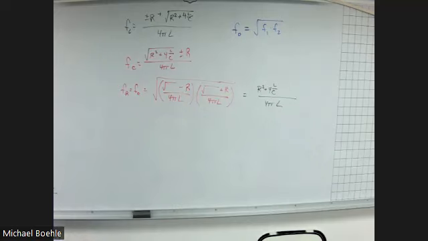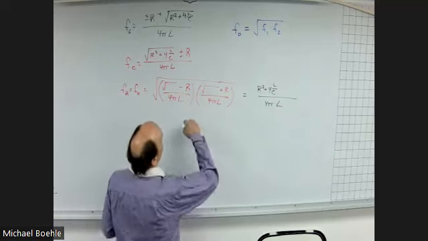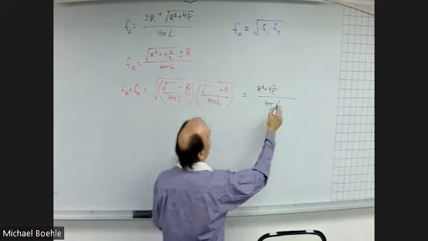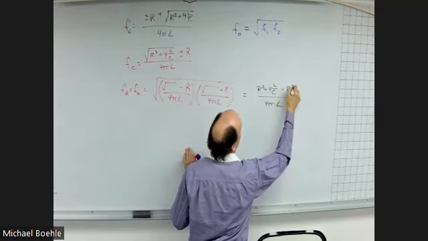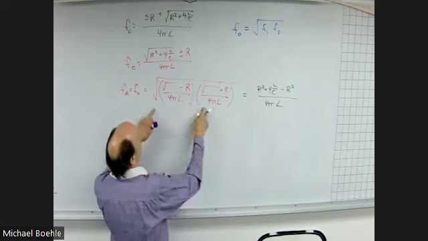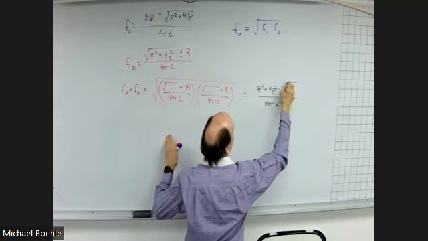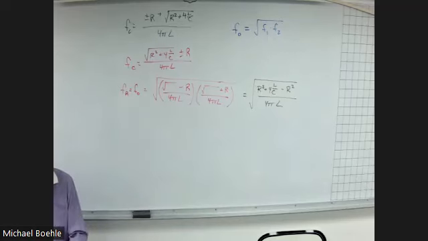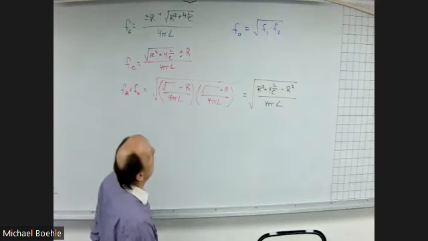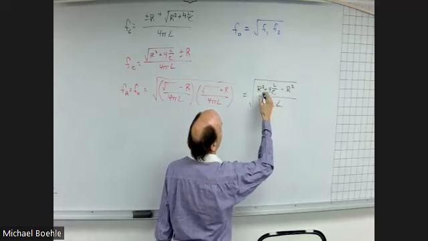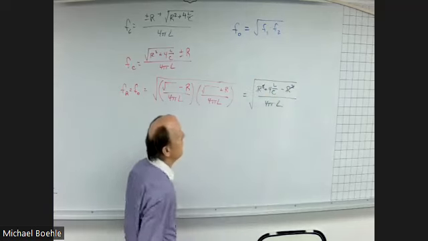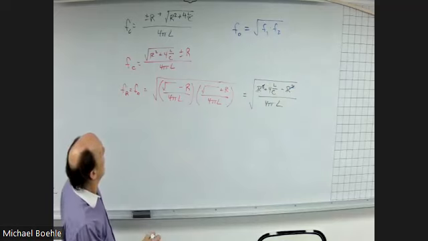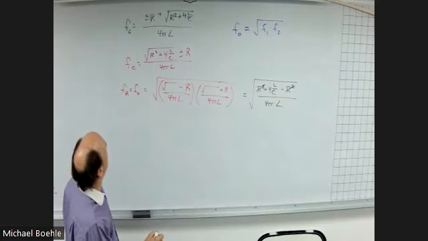Okay? So that leaves the last, which is minus R times plus R, which is minus R squared. Okay? And then I have to take the square root of all that. Now, here I have R squared minus R squared. Cancels out. Something's missing.